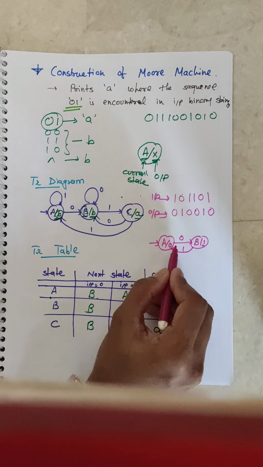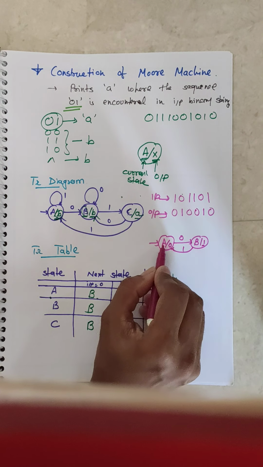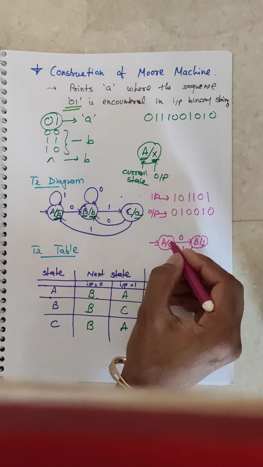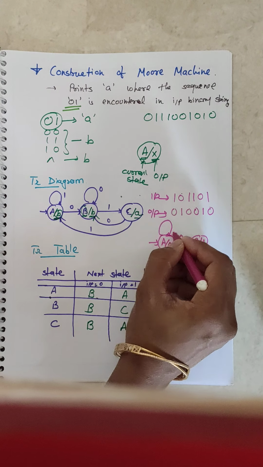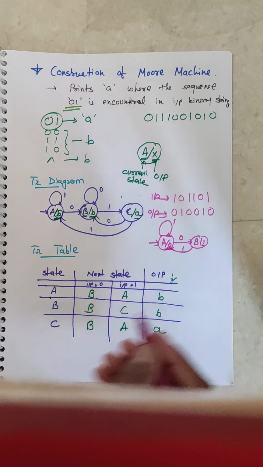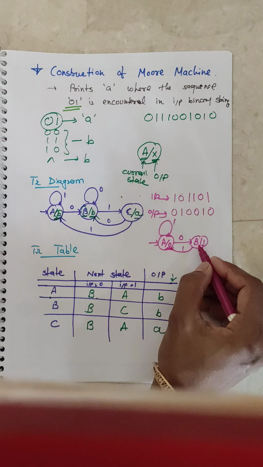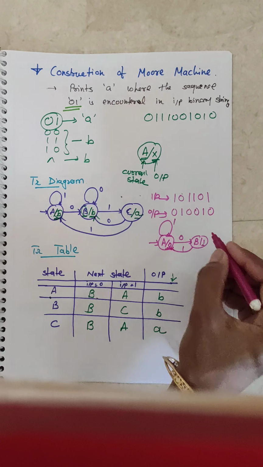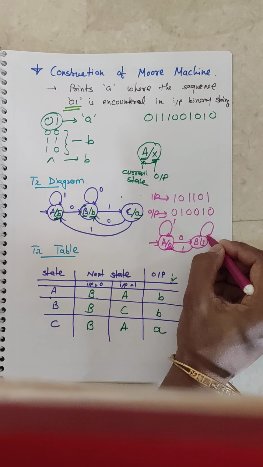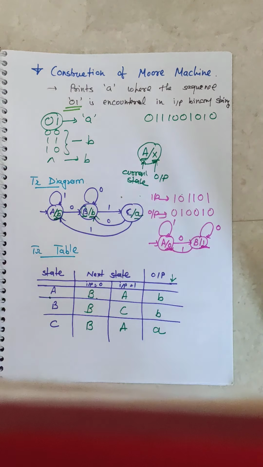Every state has a 0 and a 1 transition. So we construct the 1 transition, and the output is 0. From B, if the input is 0, then the output is 1. In this way, we generate a Moore machine.